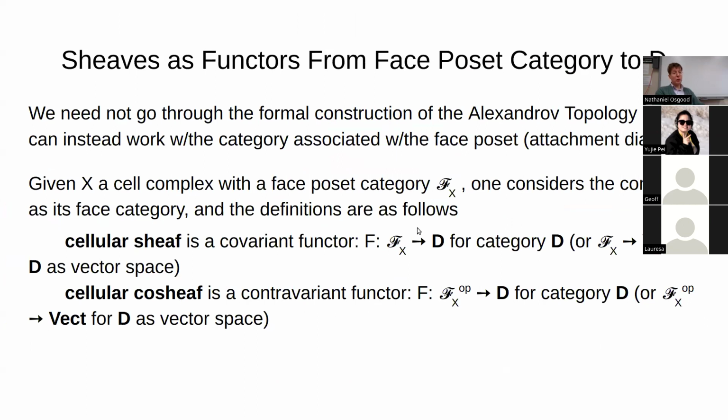The book talks about this a fair bit using wording that's a little bit different. They explain it a little bit differently, but the net result is unquestionably that a cellular sheaf is associated with a covariant map from the face poset to some category D. And the amazing thing is you don't need to worry in your head about stars and Alexandrov topology and what's bigger than what and inclusions.